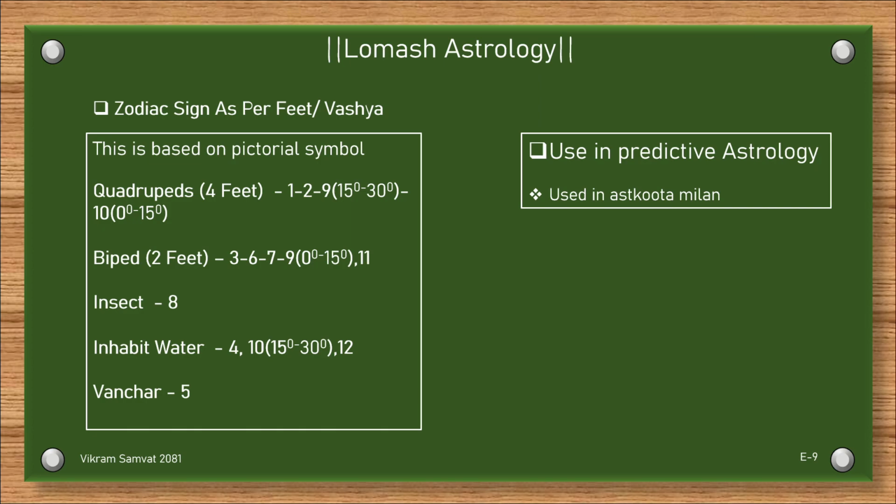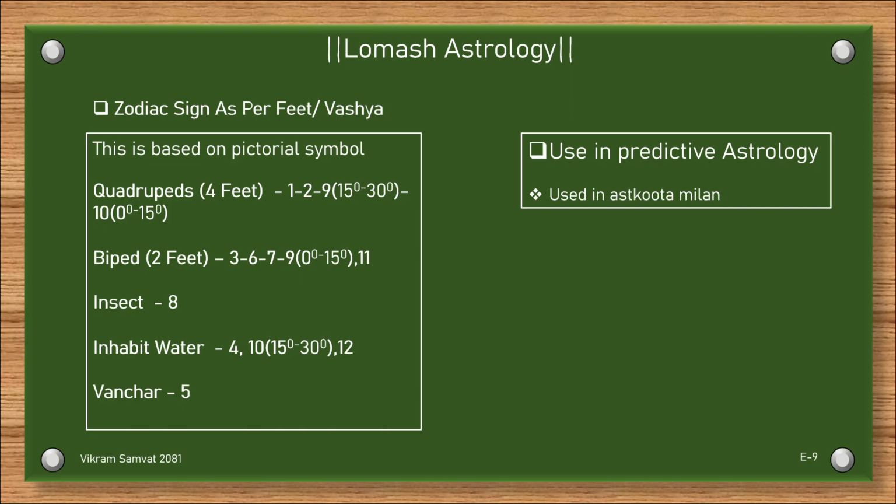It lives in water. Number 12 is Pisces, represented by two fishes, which also live in water. For wild animal, it is number 5, Leo, which is represented by a lion.